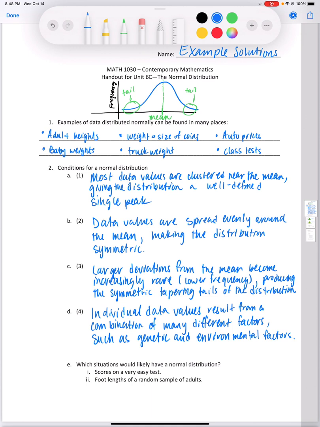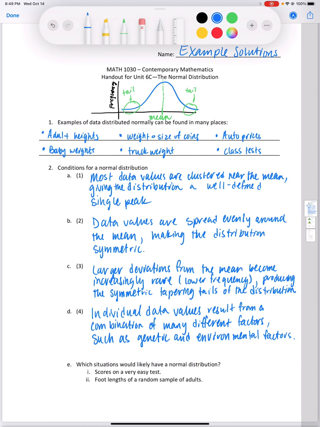Genetic factors are like, for humans, adult heights. So if your parents were tall, then you were likely to be tall. Environmental factors could be something like when you strike coins or produce screws or truck weights, some differences in the environment where the object was manufactured could affect the actual size, however minuscule.